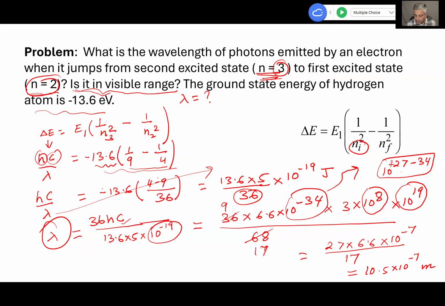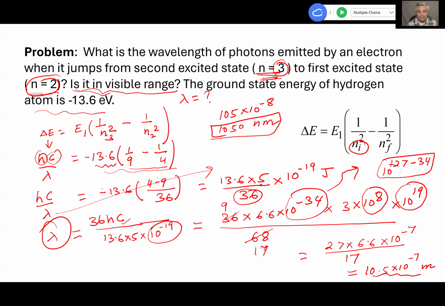So yeah, 1.05 times 10 to the power negative 6 is the same as this one, because you can move that one, or you can go 105 times 10 to the power negative 8, or 1050 nanometers.